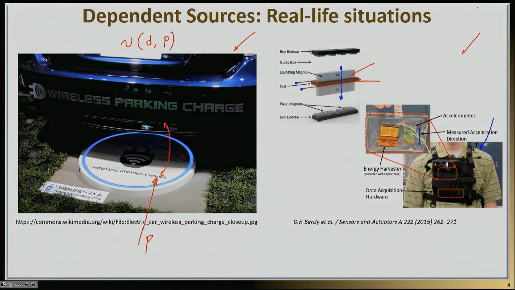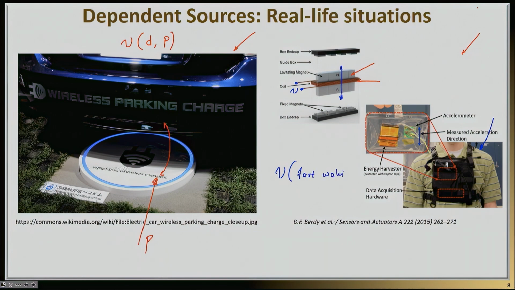You're using your own vibrations, your own walking pattern to basically power these devices. So if, let's say, you were powering maybe a wearable sensor here, the source of that wearable sensor could be modeled as a dependent source. So that source, let's say, for example, is a voltage V, would basically depend on how fast you're walking.